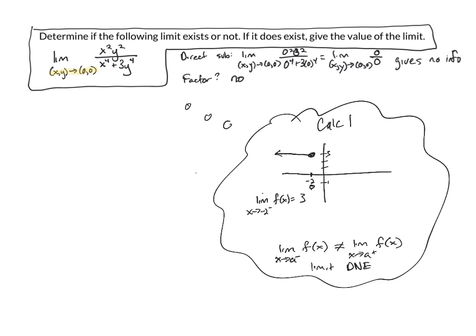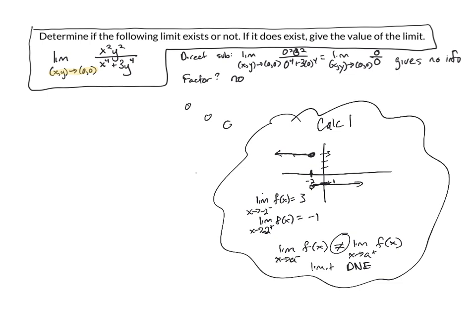And then let's suppose I have another limit down here, we'll call that at height -1. And the limit as x approaches -2 from the right of that function is down at -1. Since the left-hand approach and the right-hand approach to that same x value of -2 do not agree, since they are not equal, then that means the limit fails to exist.